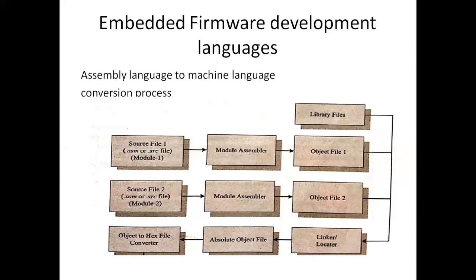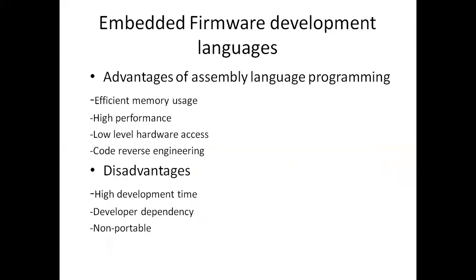Now let's see some advantages of assembly language coding. Efficient memory utilization is the first advantage. It makes use of less memory for code and less memory for data. That's why efficient utilization is done.